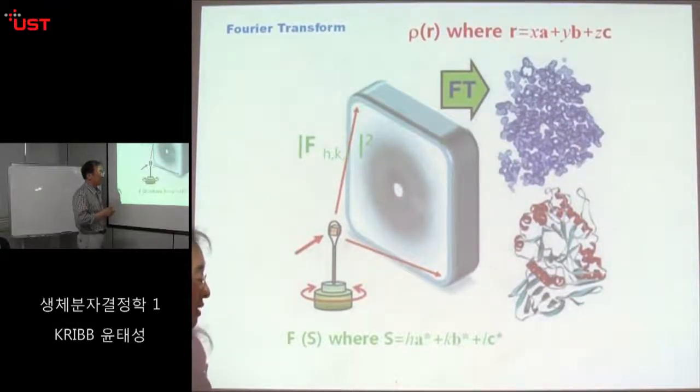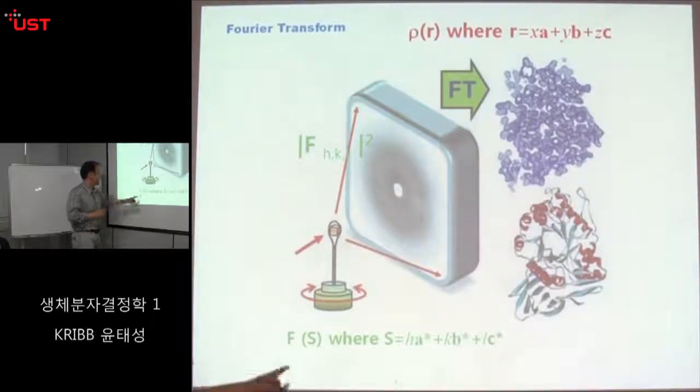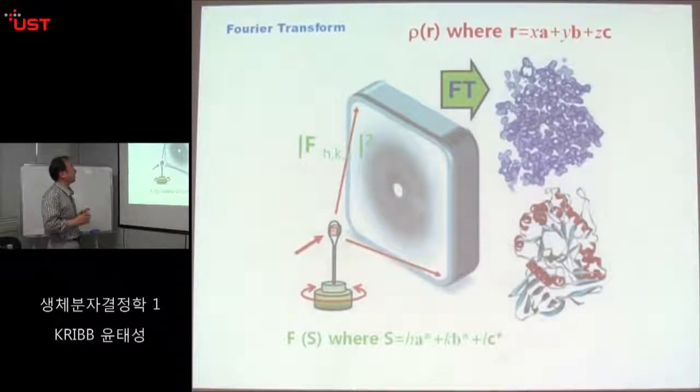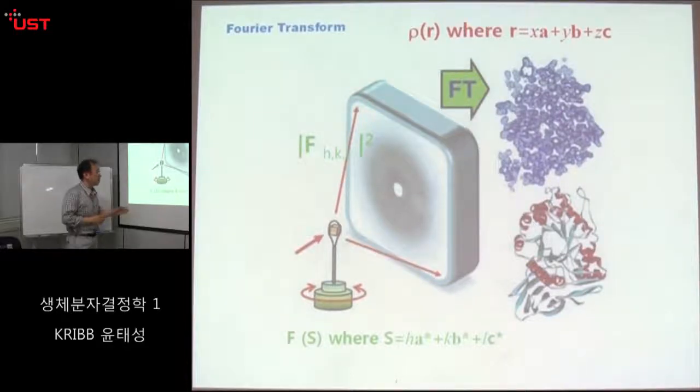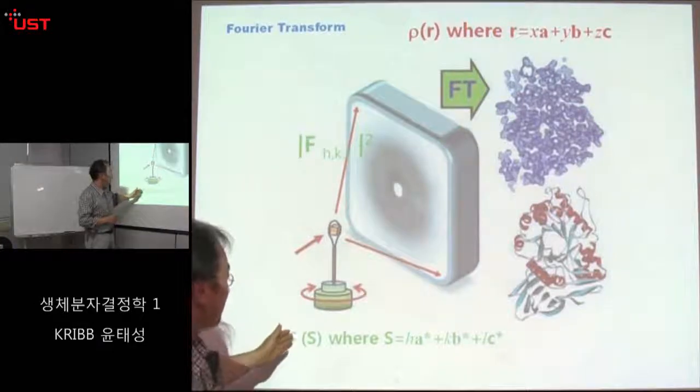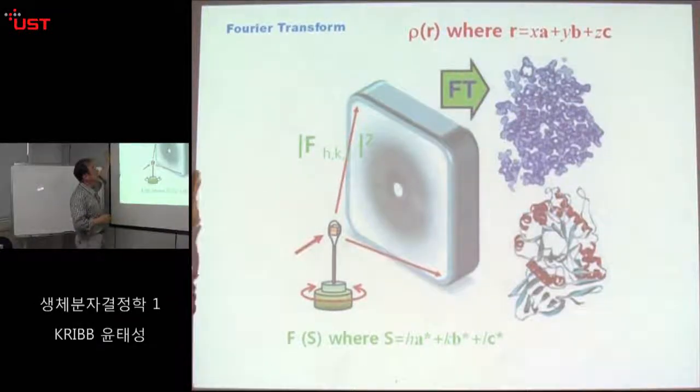Each spot will have some number corresponding to FHKL. With a Fourier transform, we have FHKL data, and with such data, we will calculate the electron density function, and based on such an electron density function or map, we will develop a model like this.